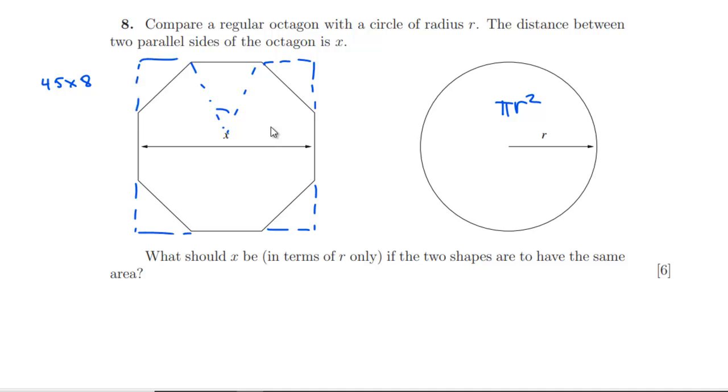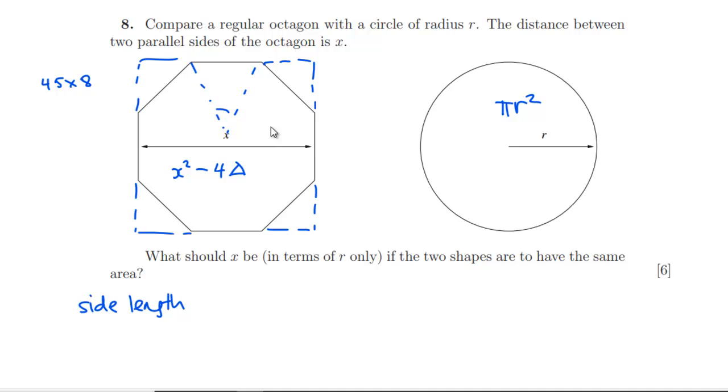So this is going to be x squared minus the 4 triangles. So how are we going to work out these triangles? We need to get the length of a side. So how are we going to work out side length?